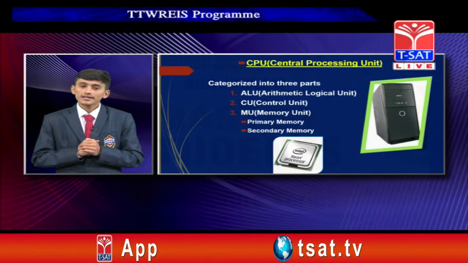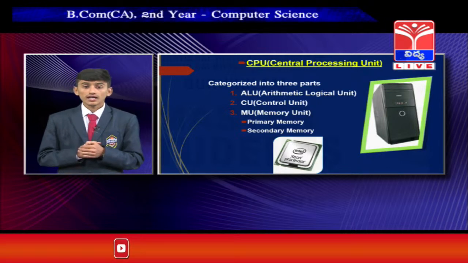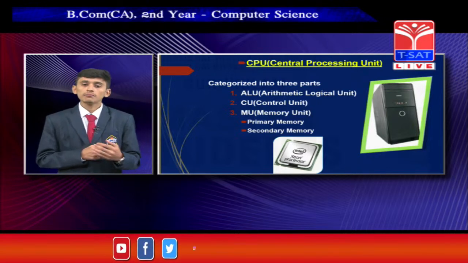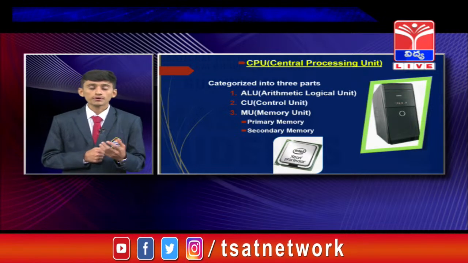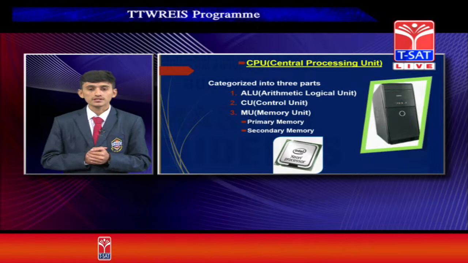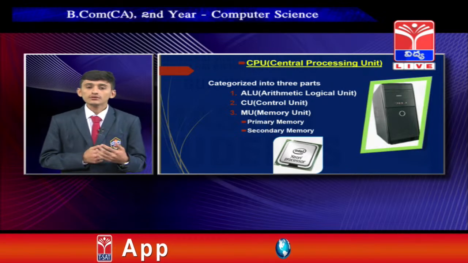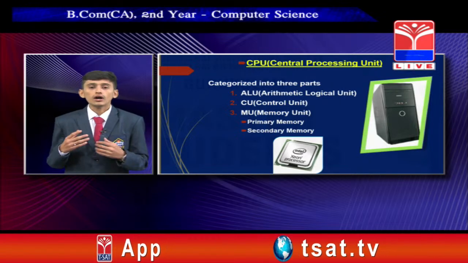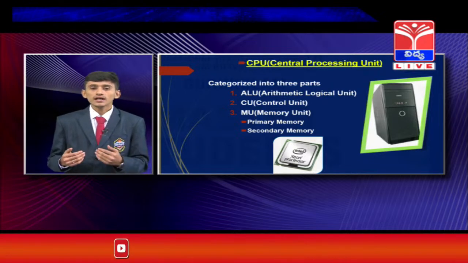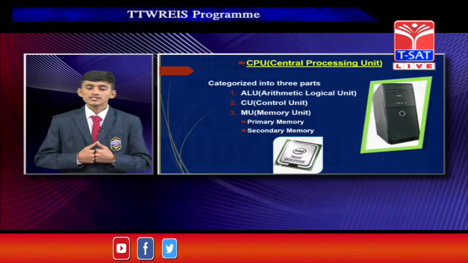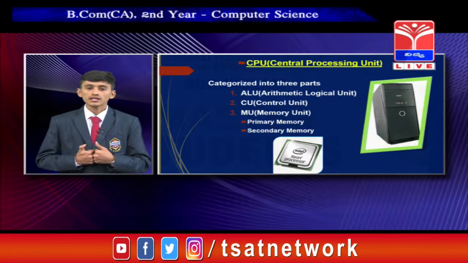Now I would like to explain about ALU. ALU can be expanded as arithmetic logic unit. The arithmetic logic unit performs all the arithmetical operations. Then coming to the second unit, that is CU. CU can be expanded as control unit.